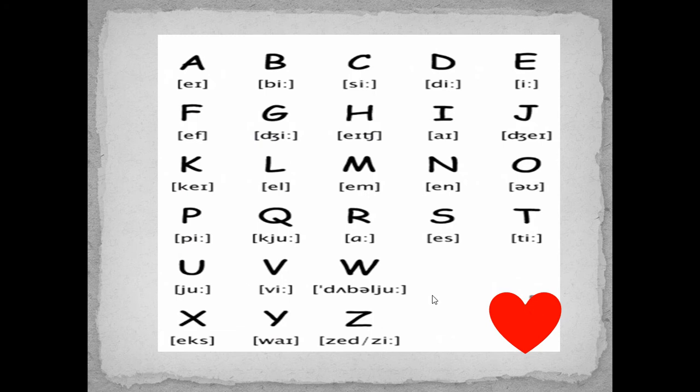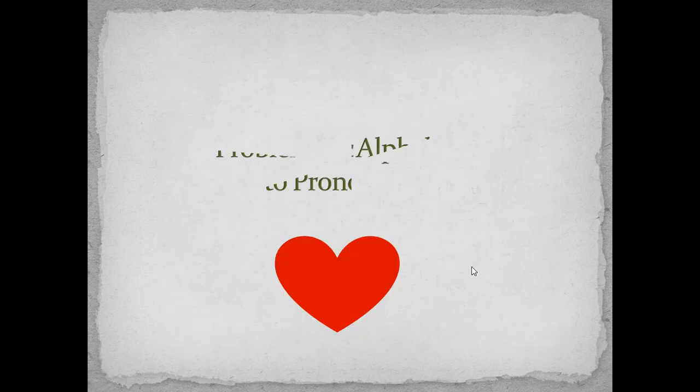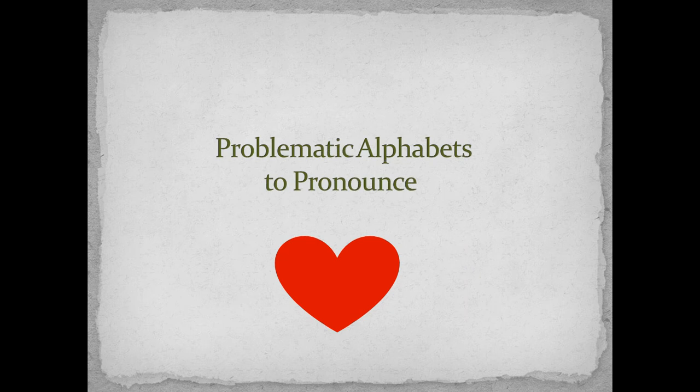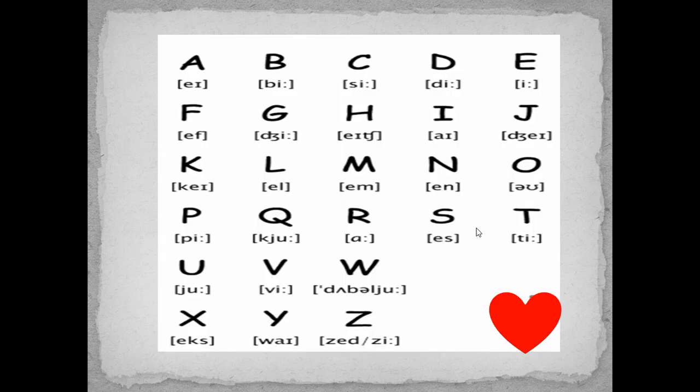So we need to be more careful about some problematic alphabets to pronounce, like the K, the T, the O, the I, the R, the P, the Q, and also the U, and also the W, and also the X. And also we need to be more careful about the Z or Z. So we need to be more careful when we pronounce alphabets in the English language, and you need to practice it if you want to be a fluent speaker in English.